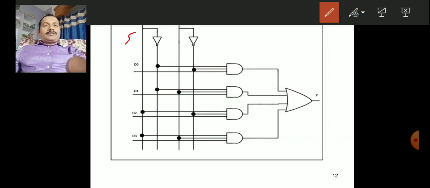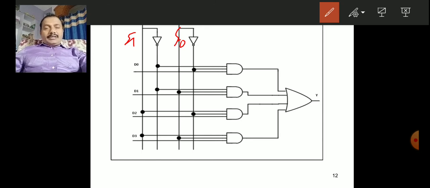So that means this is S1, S0. Now observe here. Let us take the first minterm implementation. The first minterm is S1 bar, S0 bar, D0.